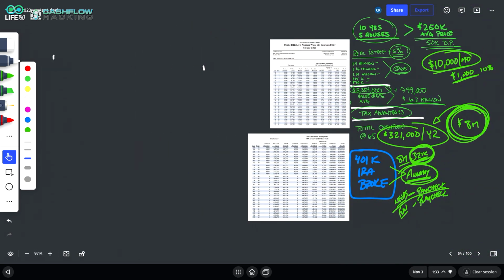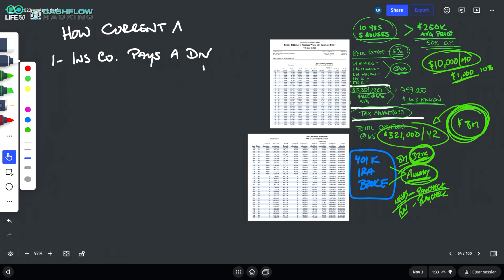So variable one is that the insurance company pays a dividend. That's variable one, okay? This is how current assumptions work with whole life, okay?